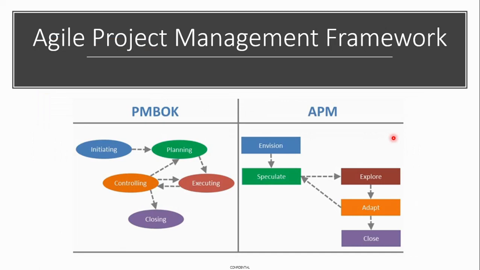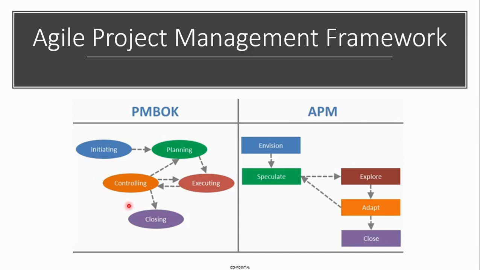Right. So coming to project management in the official PMI, we learned this in our previous sessions. We looked at five process groups: the initiating process group, the planning, the controlling, executing, and the closing.